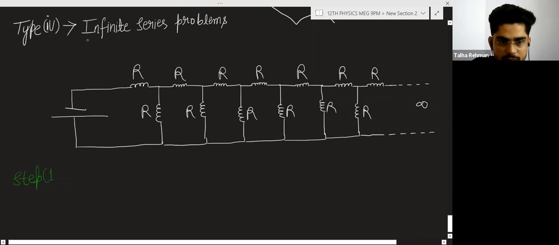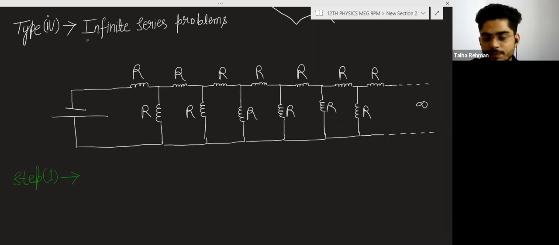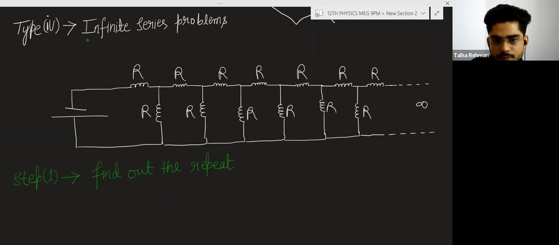Step 1: you will find out the repetition term in this circuit. Repetition term means the combination, the resistances which are repeating again and again.